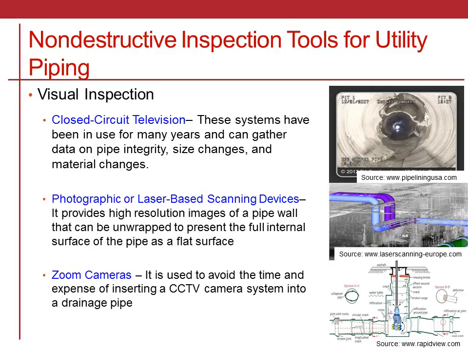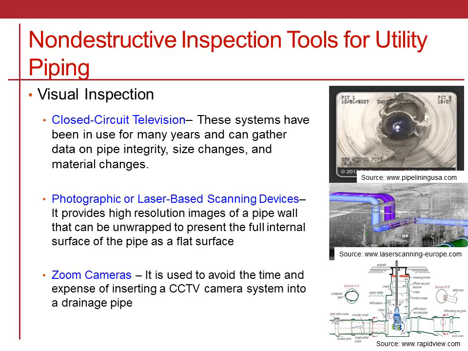This section will deal with non-destructive inspection tools for utility piping. Many methods for inspecting pipe can be adapted for use on an exposed pipe exterior. However, the non-destructive inspection tools can be deployed within the buried pipes.